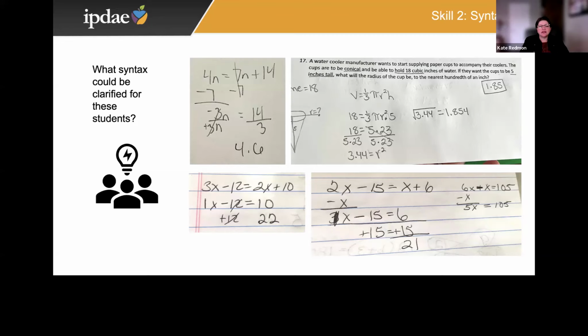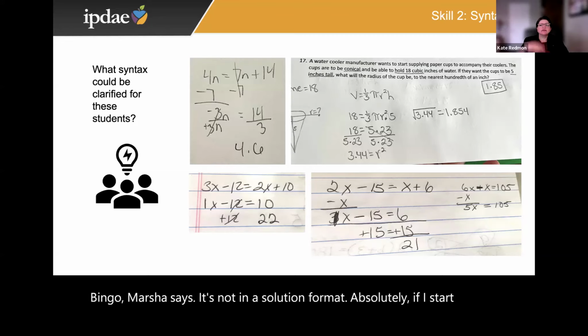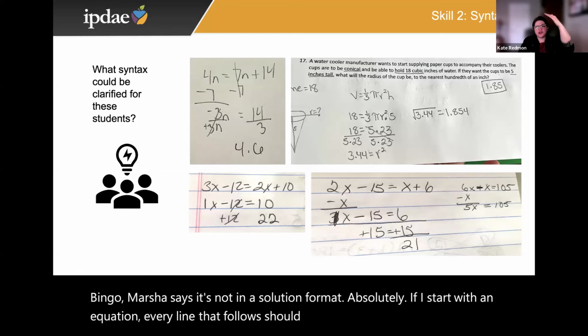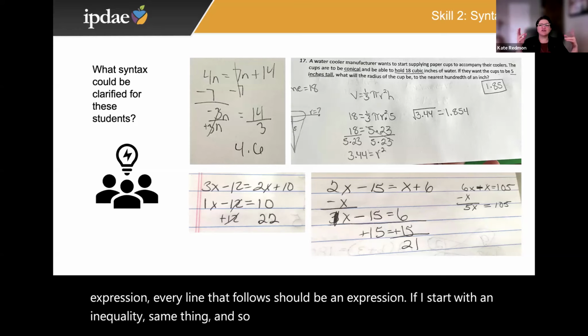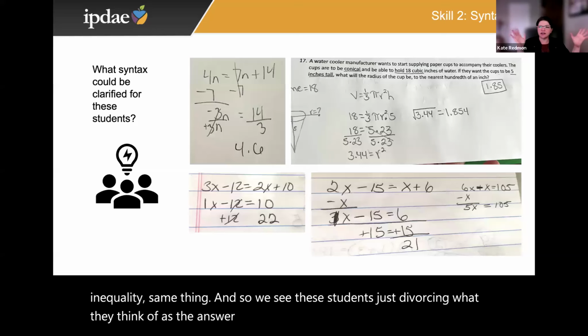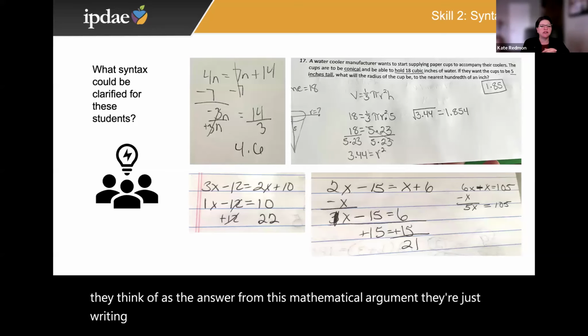Bingo. Marcia says it's not in a solution format. Absolutely. If I start with an equation, every line that follows should be an equation. If I start with an expression, every line that follows should be an expression. If I start with an inequality, same thing. And so we see these students just divorcing what they think of as the answer from this mathematical argument. They're just writing the number without knowing what this number represents.